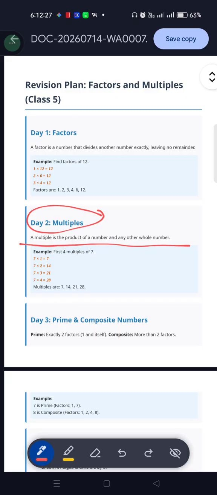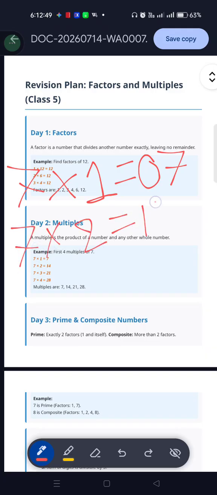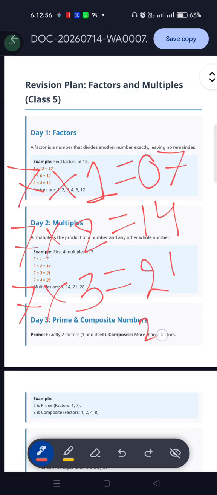Now we are taking one example for multiples. I am taking the number 7. So what you will do, you will only write the table of 7, and you will get the multiples of 7. So 7 twos are 14 and 7 threes are 21, and in this way you will get 28 and 35 and after that 42.